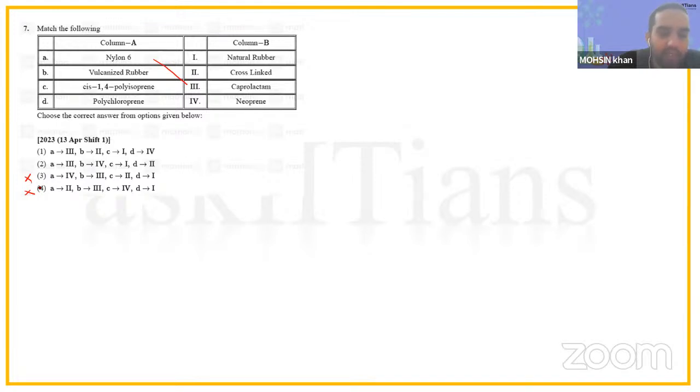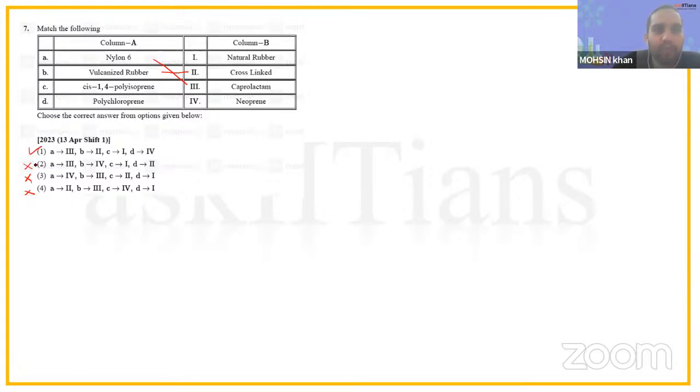Then we have vulcanized rubber. Due to vulcanization, what happens? We get cross-linking in the natural rubber. So B will be matched with second. So we have got the answer, which is A.